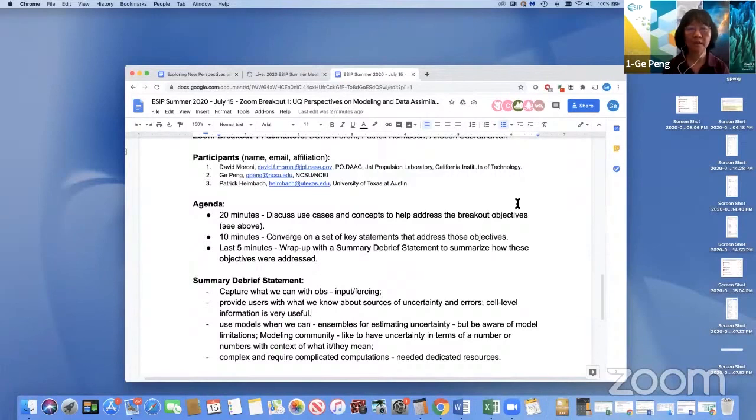So the modeling community likes to have uncertainties in terms of numbers, with enough context for them to understand what that means. The last point is to recognize that uncertainty estimation is complicated, requires complicated computations, and needs dedicated resources. And that's all for now.